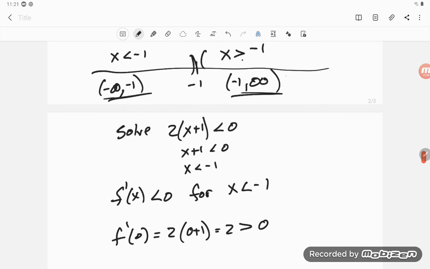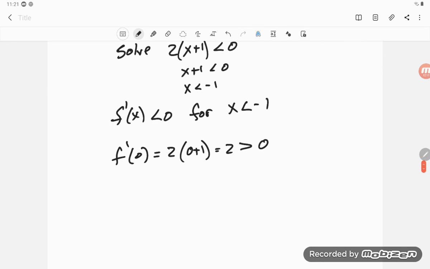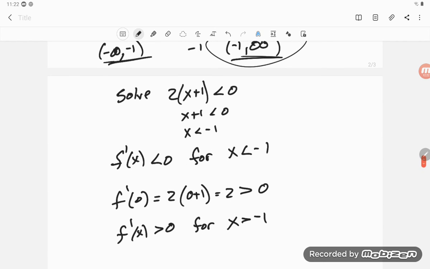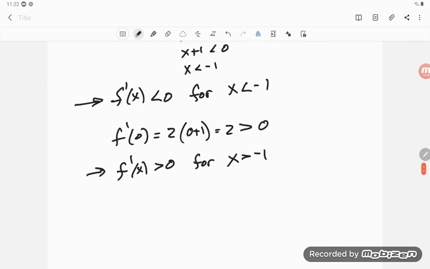And so that would tell me that on that interval, f prime of x is greater than 0 for x greater than -1. Okay, so there are various ways to come up with these sorts of things.